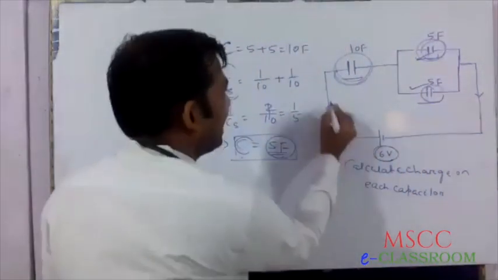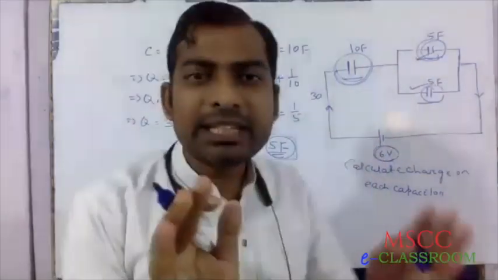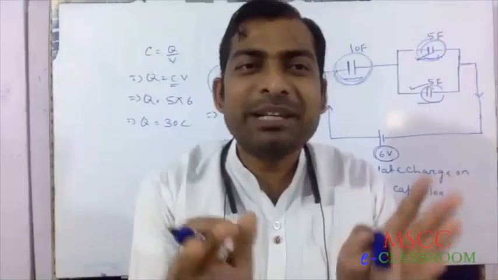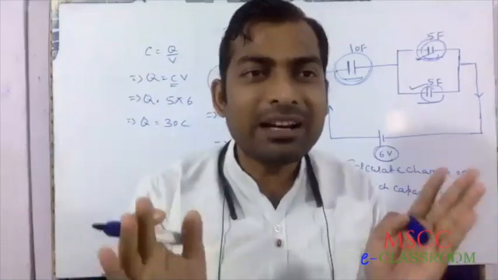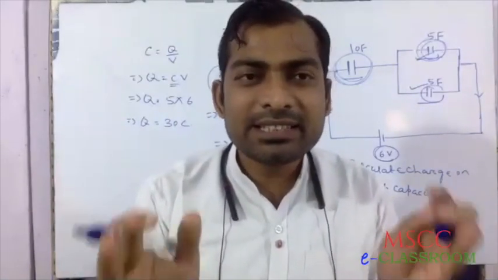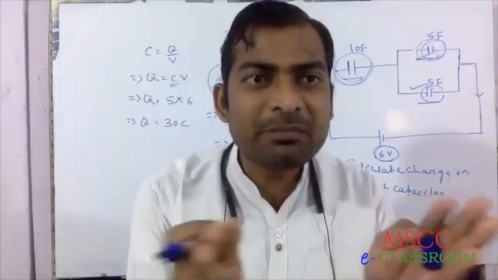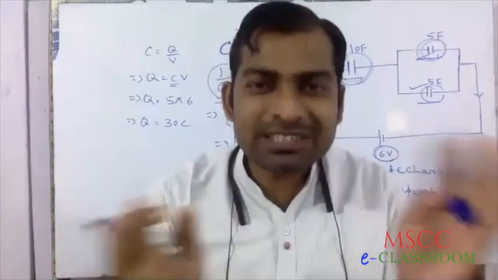Here 30 coulomb charge flows in series. We know in series combination charge remains the same, whereas in parallel combination potential is the same, charge different.